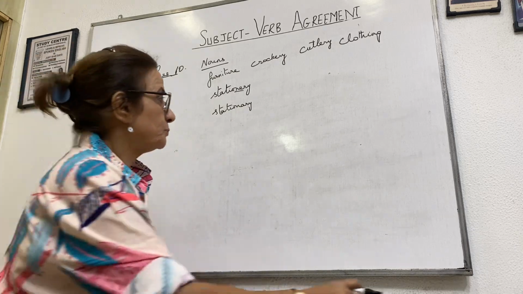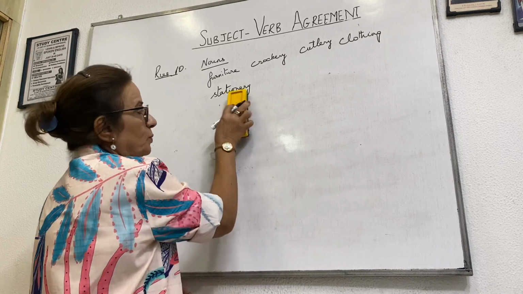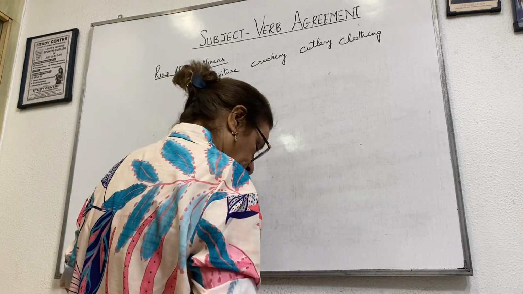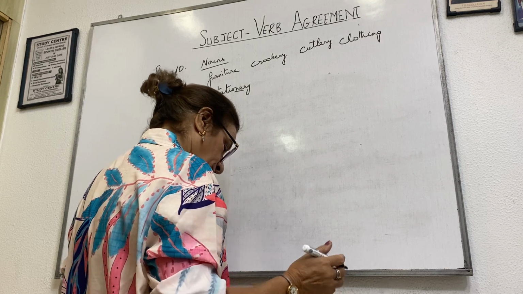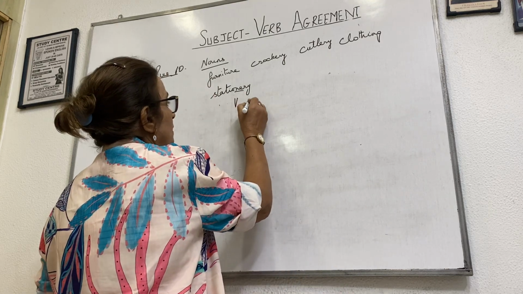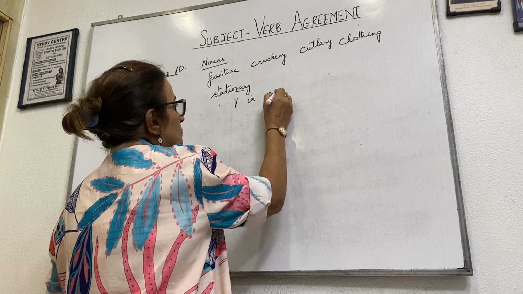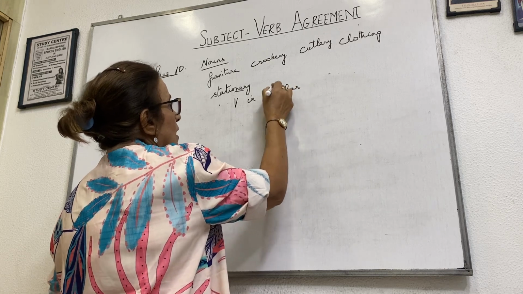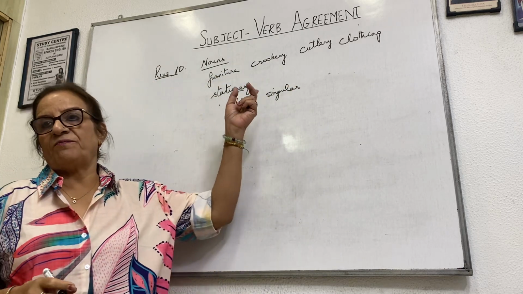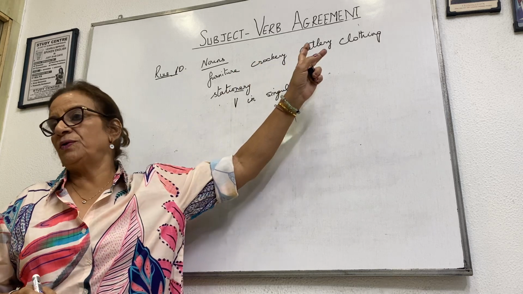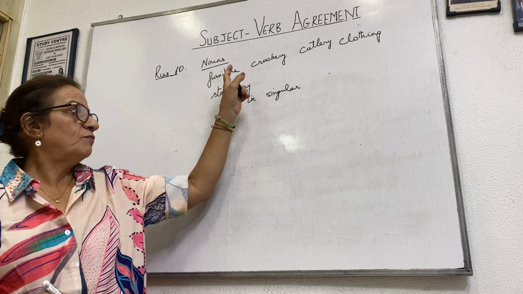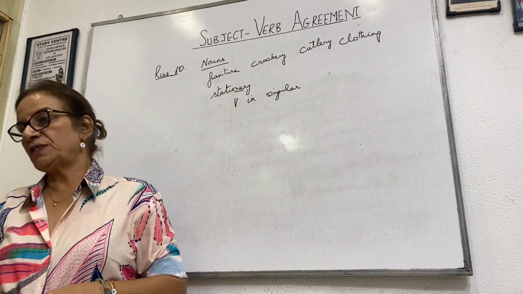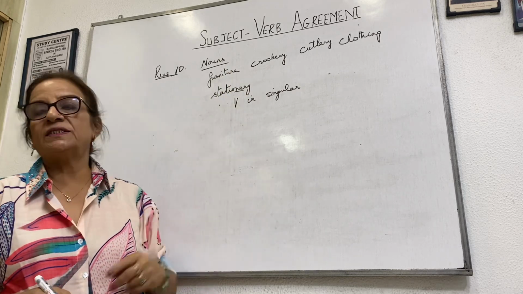Okay? So, this word, stationery. Footwear. They always take verb in singular. And singular, plural, they are same. Furniture, crockeries, we don't say. Cutleries, we don't say. Clothings, we don't say. Stationaries, we don't say. Okay, stationery. So they always take a singular verb.